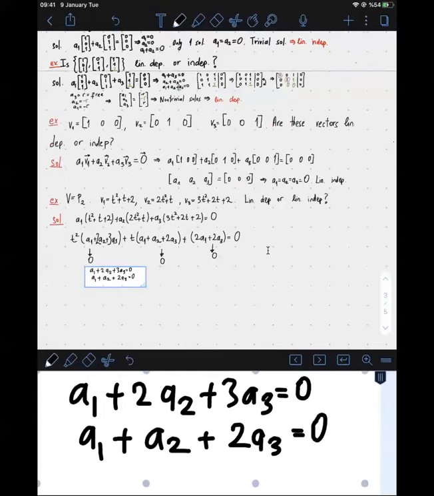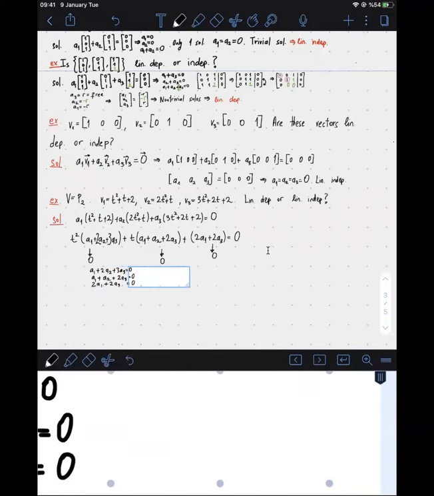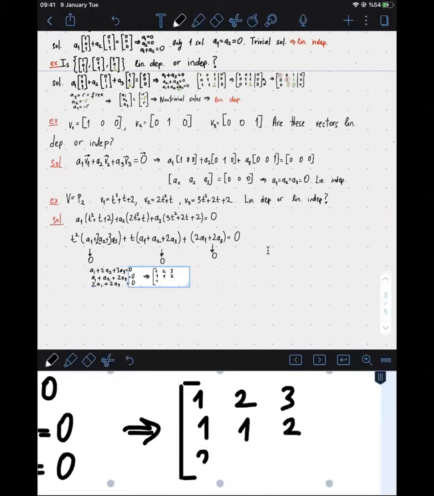And finally, 2A1 plus 2A3 is 0. We have these three equations, and we can write the matrix form of this. It's better to work with matrices. Okay, so this is 1, 2, 3, 1, 1, 2, 2, 0, 2. And here we have 0, 0, 0.